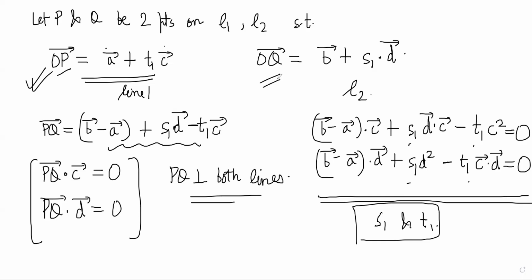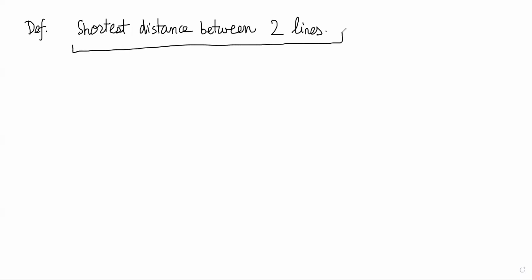Okay, now why is this important for us? Why do we need to figure out this? When we talk about the shortest distance between two lines, we mean this line segment PQ.